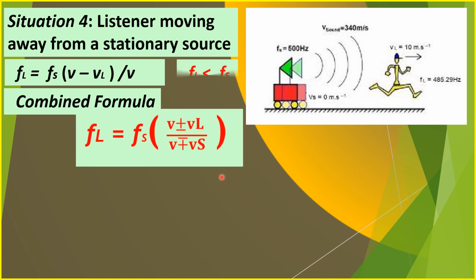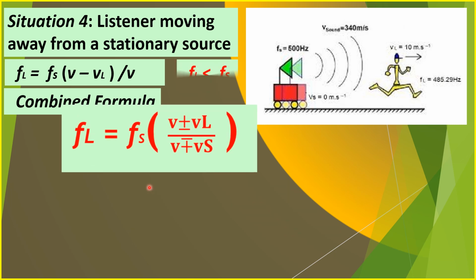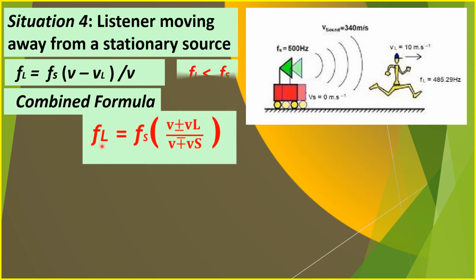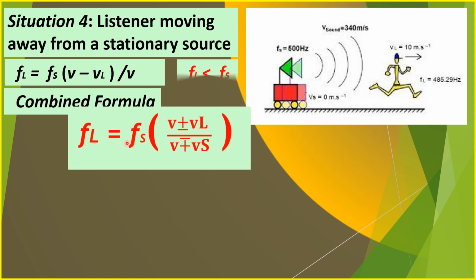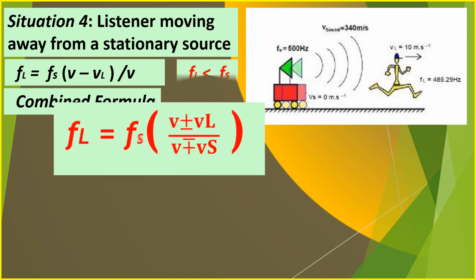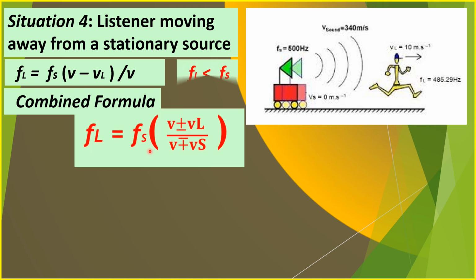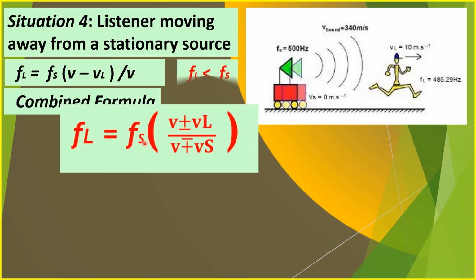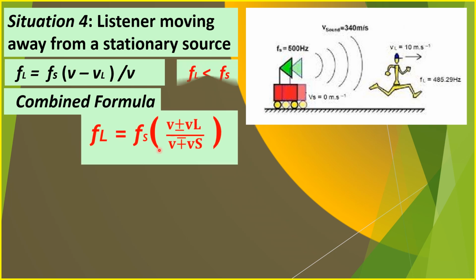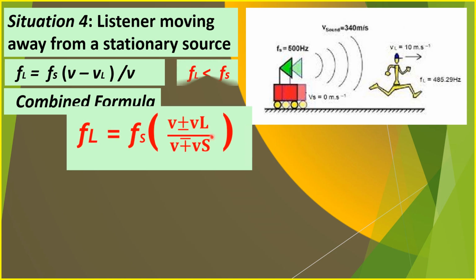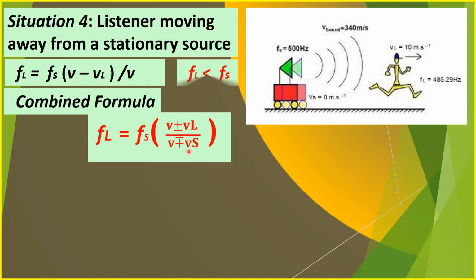The observed frequency FL is equal to the frequency of the source multiplied by this factor or ratio inside the parentheses.